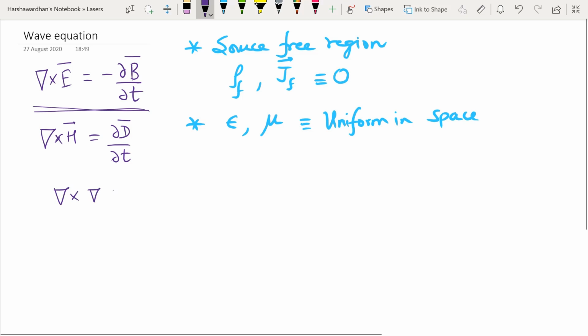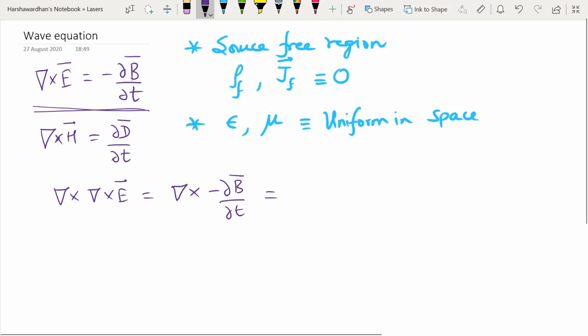So I'm looking at del cross E on the left hand side. On the right hand side, I have got the curl of minus dou B over dou T. I have to quickly realize here that space and time are independent quantities, and these operators are independent of each other.